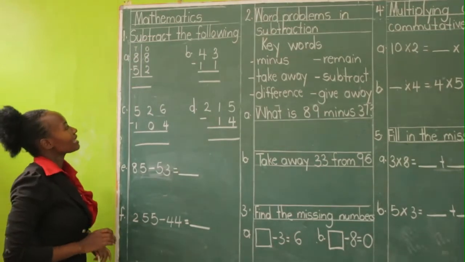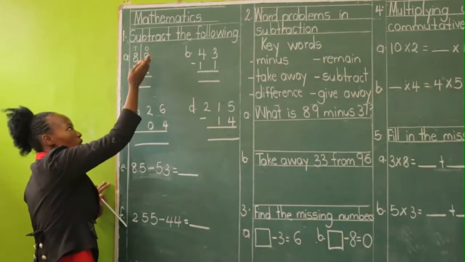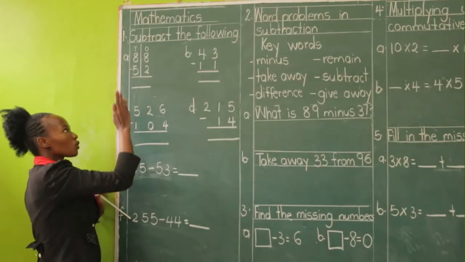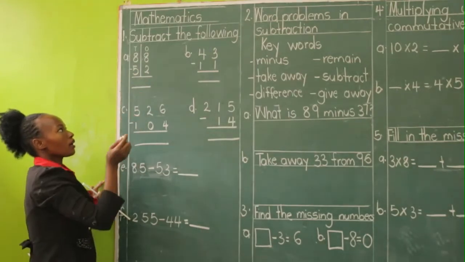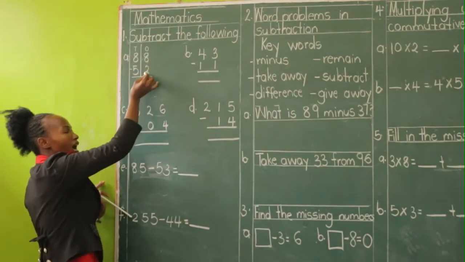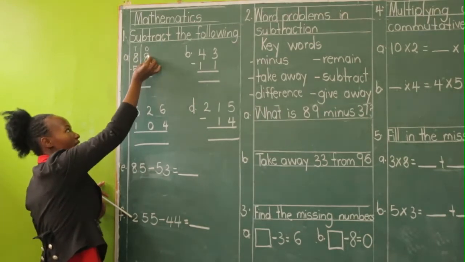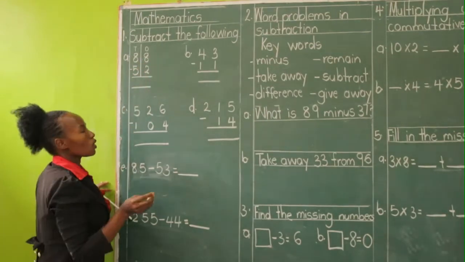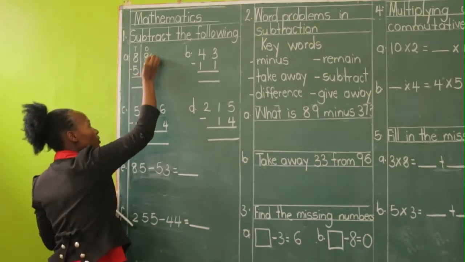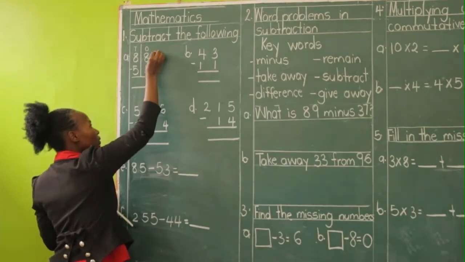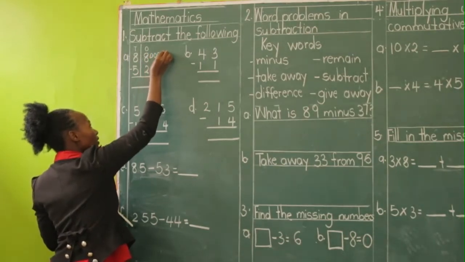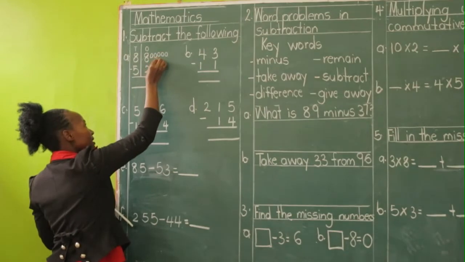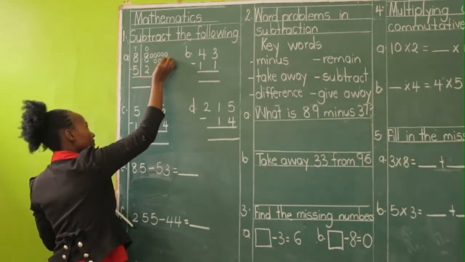When we finish that, we start from 1s. Which numbers can you see when you look at this side of 1s? There is 8 take away 2. We are going to draw 8 balls: 1, 2, 3, 4, 5, 6, 7, 8.